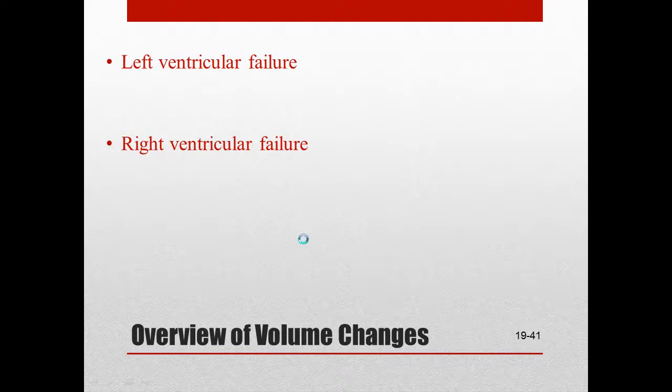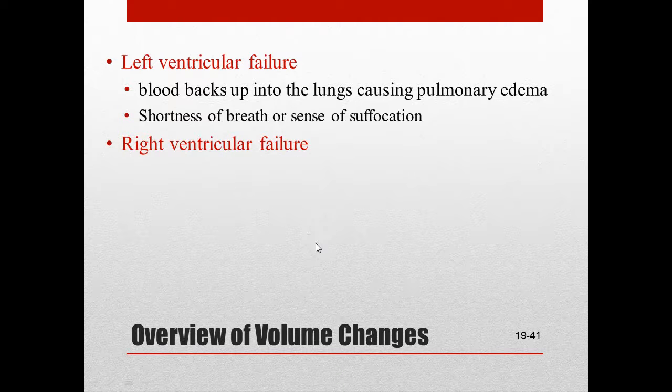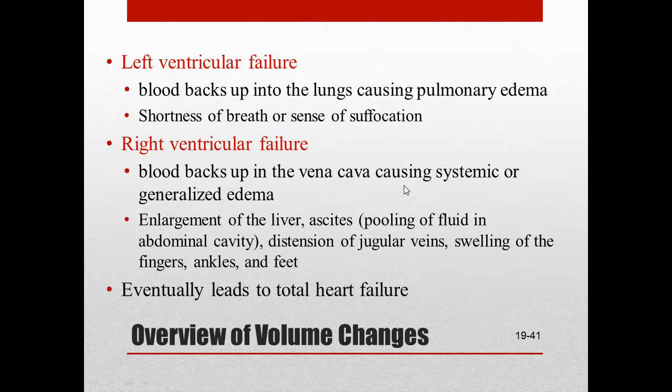We have left ventricular failure, and that blood backs up into the lungs, causing pulmonary edema, shortness of breath, and then a sense of suffocation. And then with right ventricle failure, this is where blood backs up into the vena cava, causing systemic or generalized edema, enlargement of the liver, ascites, distension of the jugular veins, and swelling of fingers, ankles, and feet.